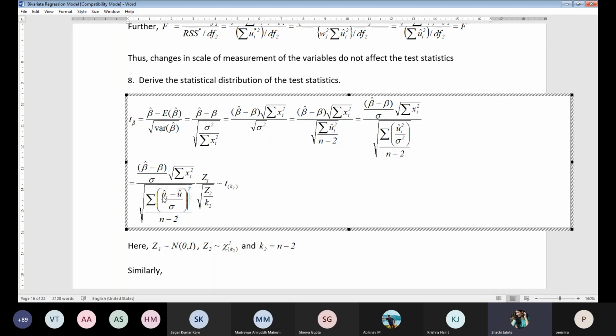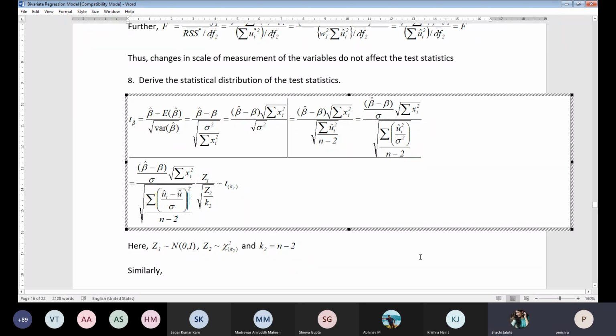So we are taking deviation from mean and then dividing by sigma. So this is basically a standardized value, which is supposed to follow standard normal distribution. And then we are squaring it and summing it up.